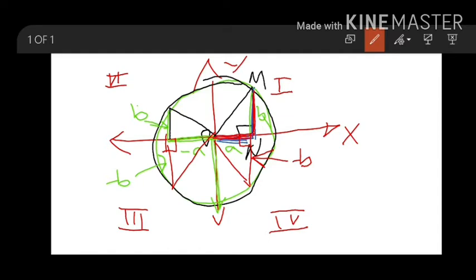So let's take first quadrant. Okay, how all the six trigonometric ratios, their value will change. Okay, we'll see the value. So first is sine theta.